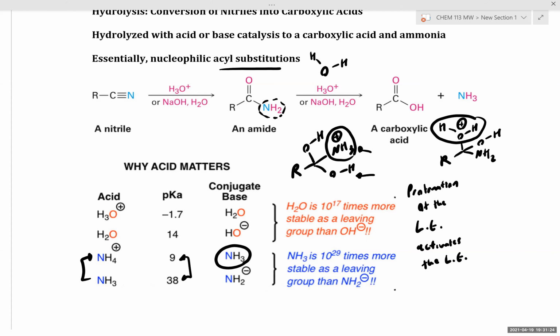Does this idea of protonation and leaving group activation make sense to everyone? We've been using this idea throughout this chapter and previous chapters. I just want to make this explicit because you'll see a lot of reactions work better under acidic conditions. And that's partially because we are activating our leaving group via protonation.